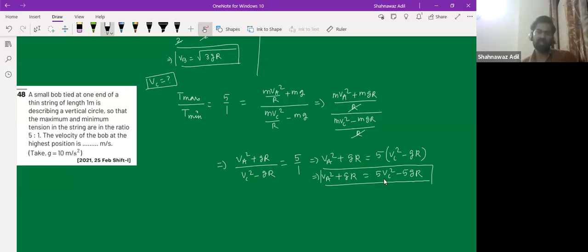What can be that equation which will relate... Yes, guys, please tell me. Any guess? You can also guess, right?